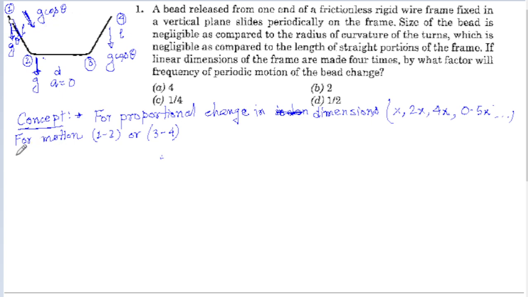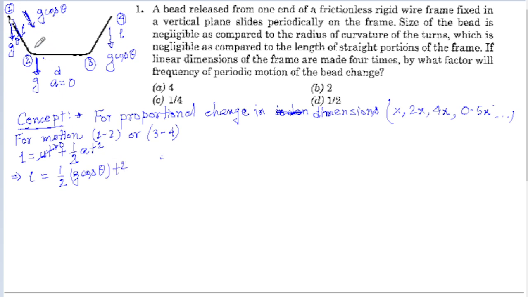Therefore, for finding the distance covered, we can use the kinematic equation. We can write the distance covered L equal to ut plus half a t square. Substituting the value of a, and since the initial velocity is 0, we can write L equal to half into g cos theta into t square.